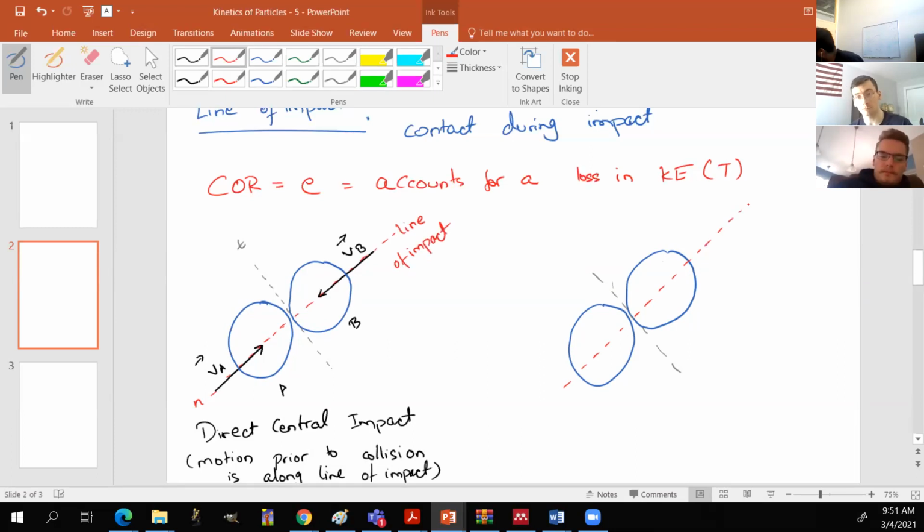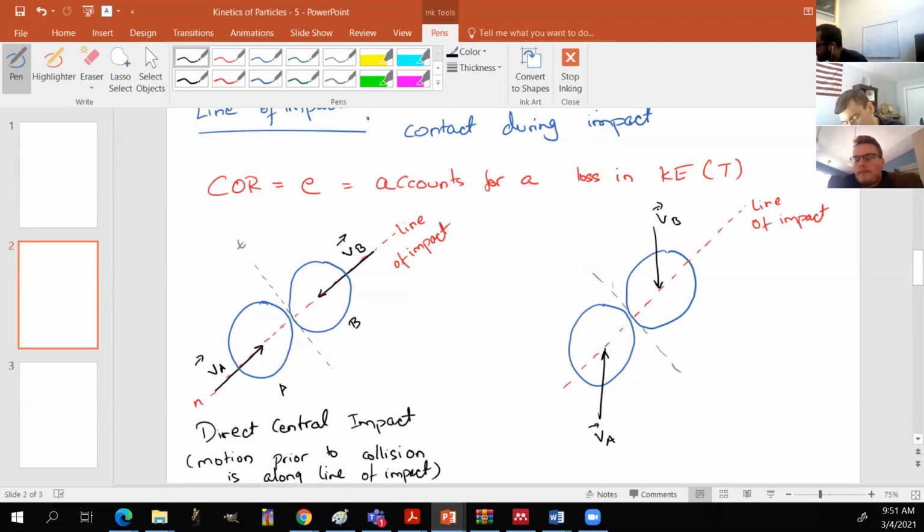And it's the same thing here. So that's the line of impact, right? And here, all that you have is that the velocities are not along the line of impact. So this one is A. Let's say that one was traveling something like that. The B, right? So here you have this kind of impact is called oblique impact.